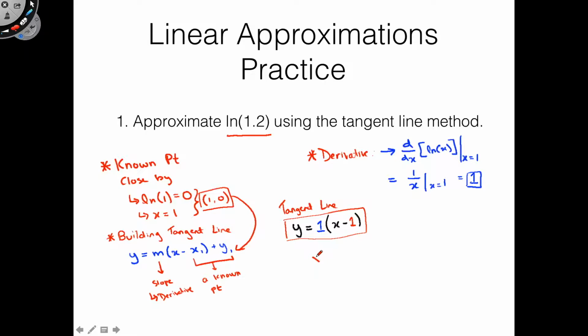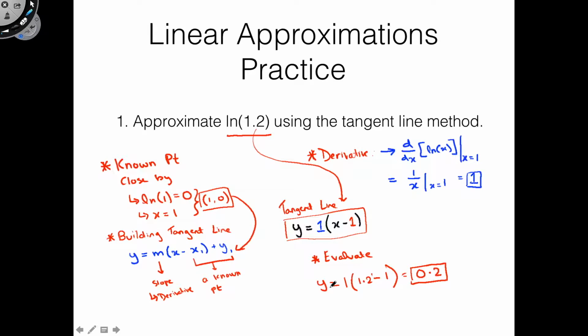The last thing we do is evaluate it: we plug in 1.2 and figure out what our approximation would be. So y equals 1 times (1.2 minus 1), which is 0.2, and 1 times 0.2 is just 0.2. That's our approximation.